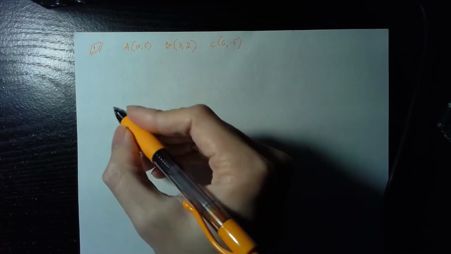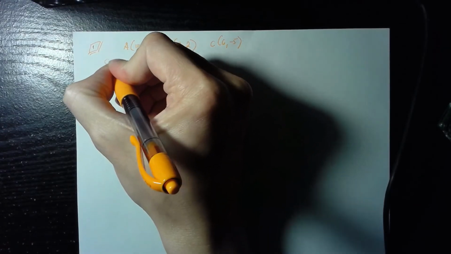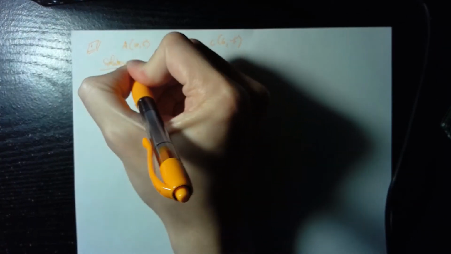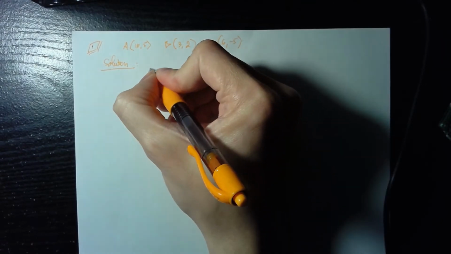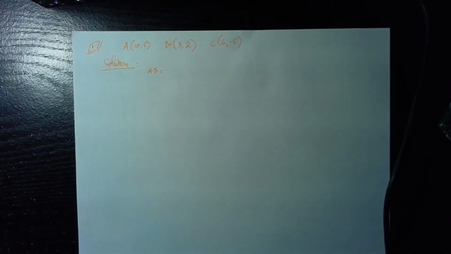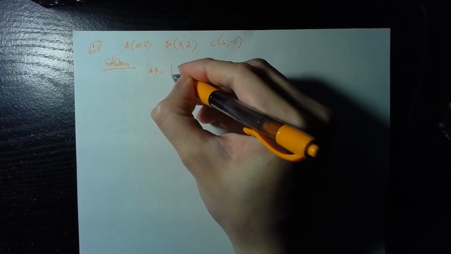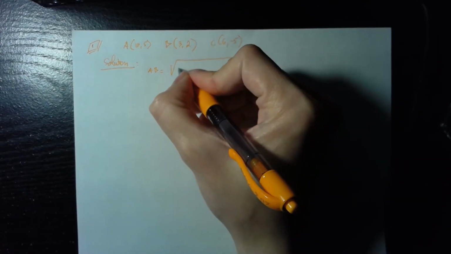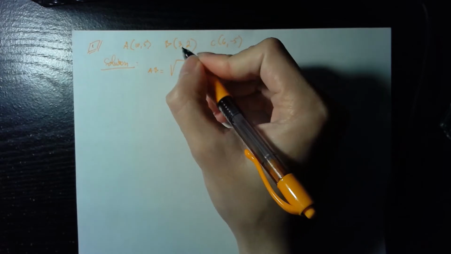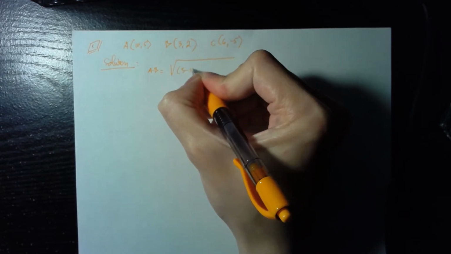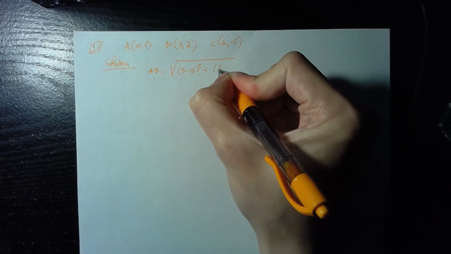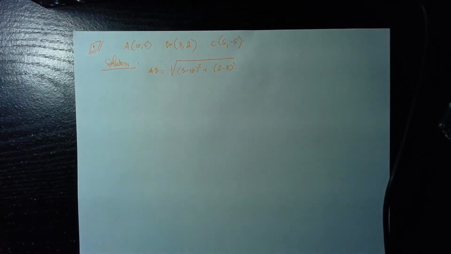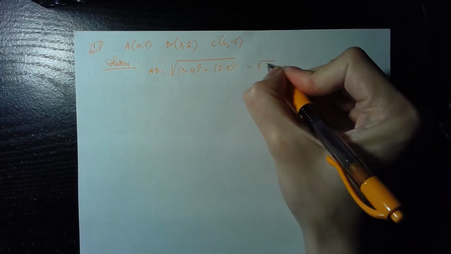First of all, I want to find the distance between A and B, and we're going to use the distance formula: the square root of (x2 minus x1) squared plus (y2 minus y1) squared. This gives you square root of 58.